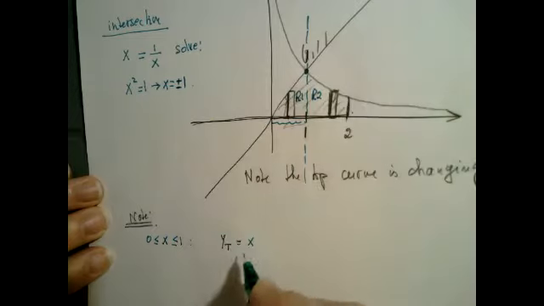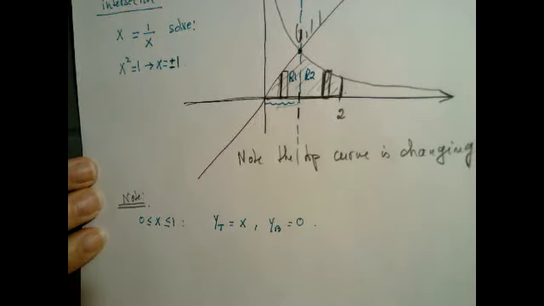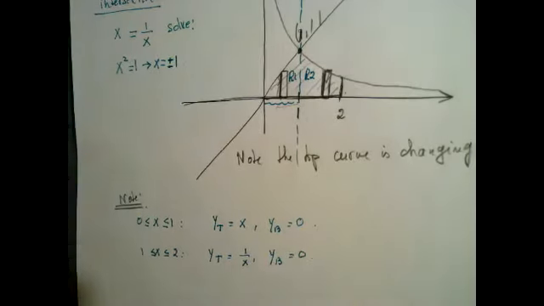So in this region, the top curve is f, and the bottom curve is nothing more than the line y equal to 0. If x is between 1 and 2, the top curve becomes 1 over x. And the bottom curve is the line y equal to 0.